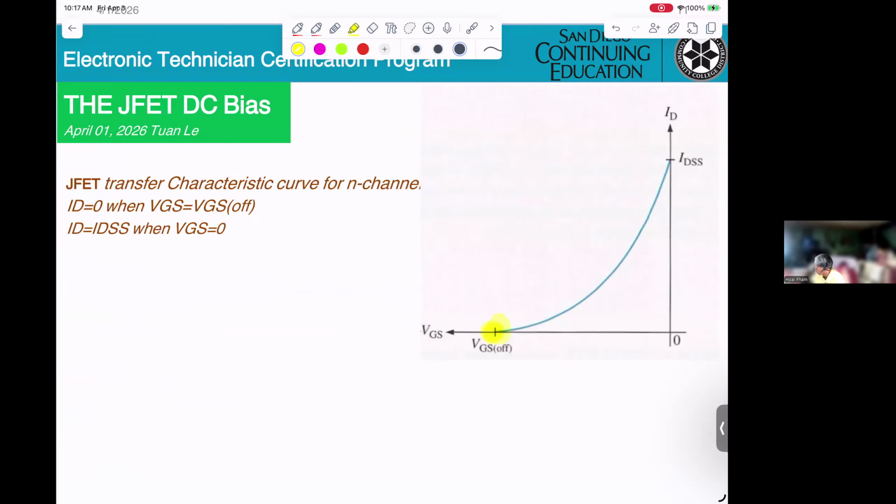If you want ID, you go to the right, and ID is 0. Also, ID equals IDSS when VGS equals 0. At this point, if you want to get VGS, you go down, and it equals 0. With these 2 points, you get a curve. That is the transfer characteristic curve.